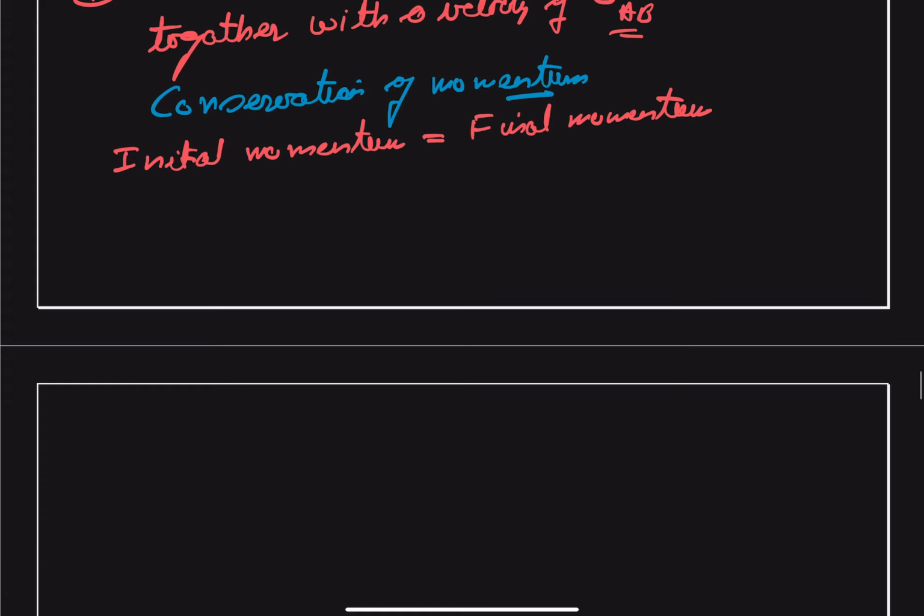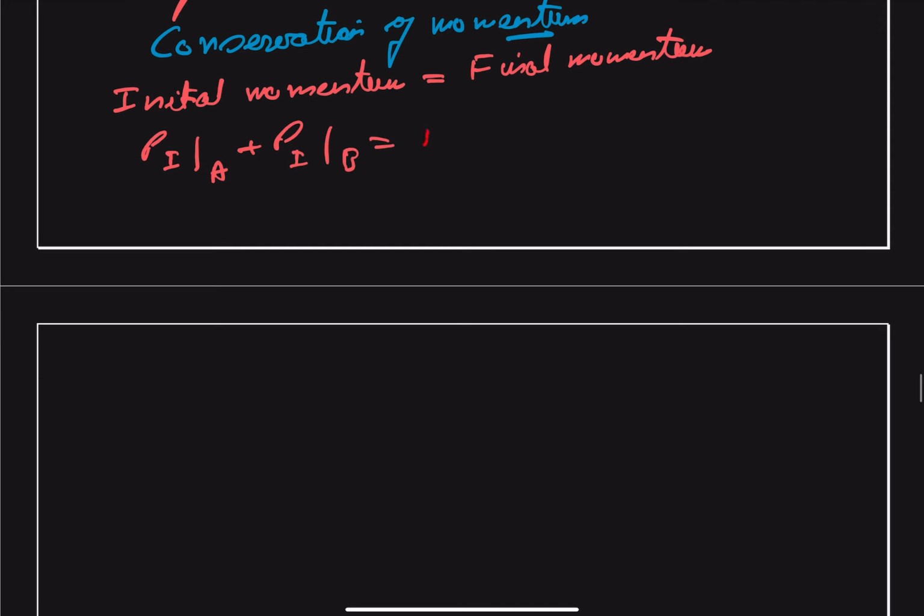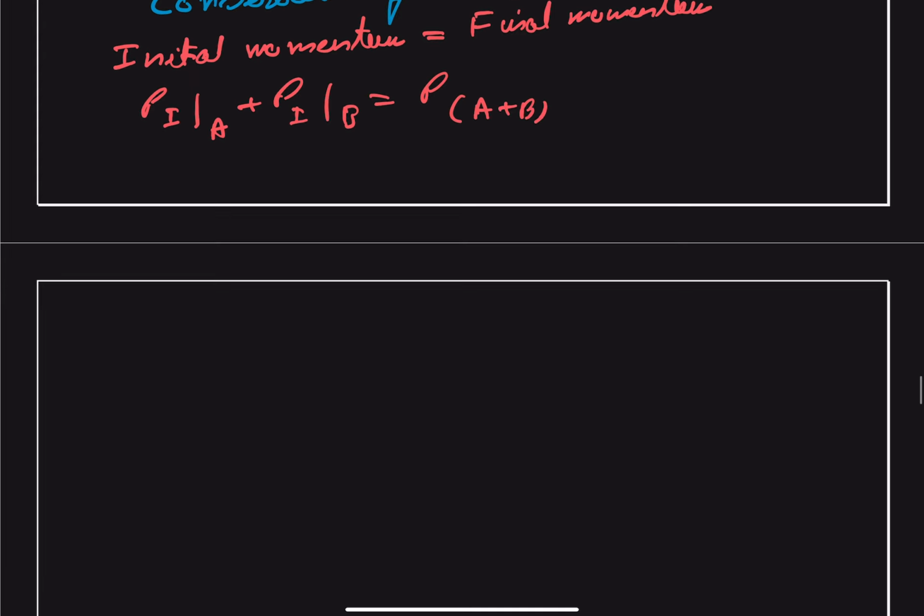Initial momentum means momentum of A plus momentum of B is equal to momentum of A plus B, because they are moving together, and A is stationary.